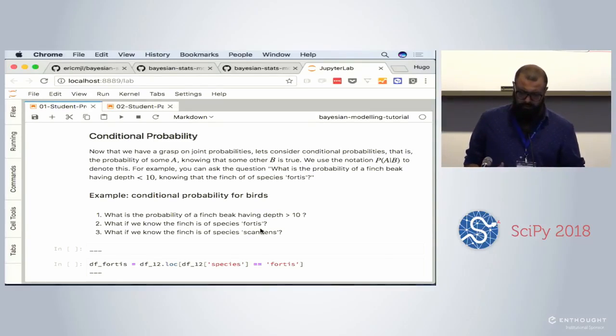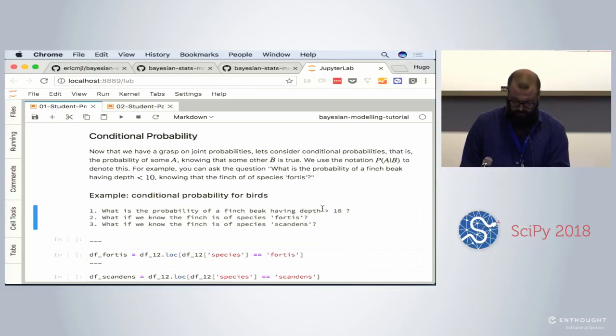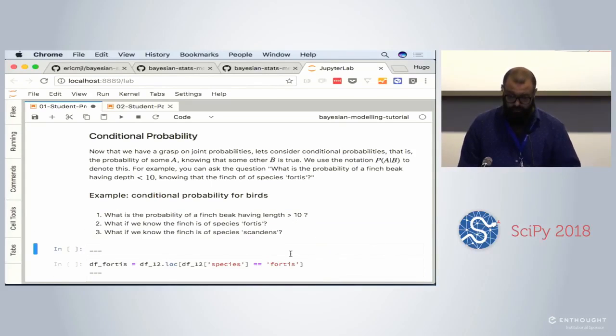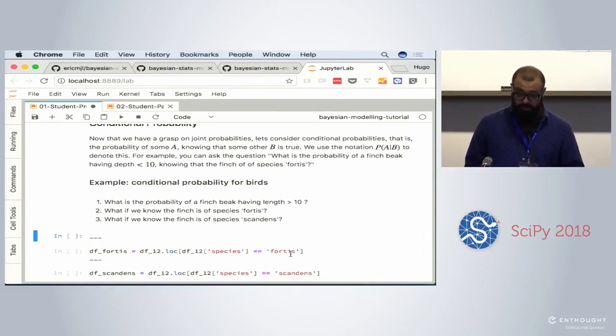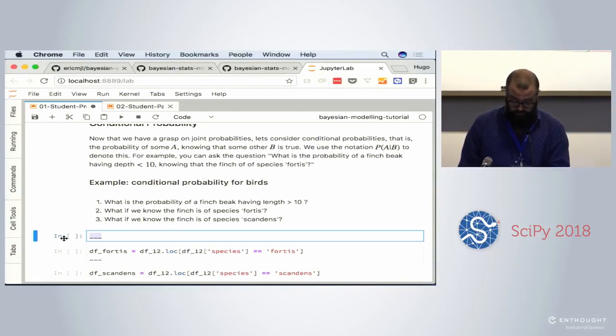I've got depth there for some reason. I actually want that to be length, so I'm going to change that. Please do that as well in your notebook. But we can then have a look at the probability of a finch beak having a certain length given that it's of species Fortis or Scandens, for example. And that's what we're going to do now.